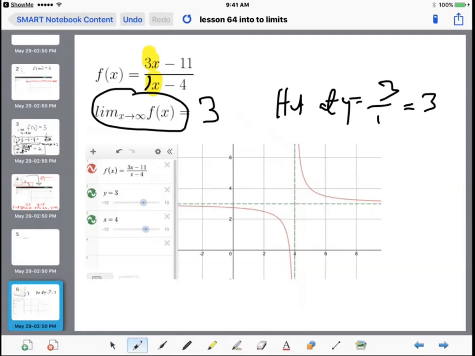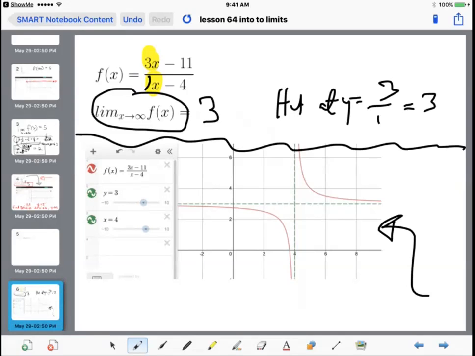One requires thinking about some sort of graph. But this concept of limit is true even if the idea of graphing was never invented. It's true that that function gets closer and closer to 3, and it never actually gets to it.